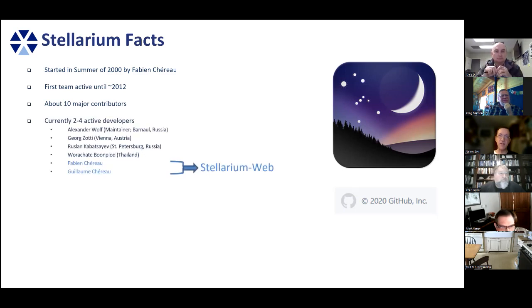For the last 10 years, we were two people, Alexander Wolf and myself, working on the program, maintaining it, adding to it, improving it. Finally, last year, we gathered two more developers. Now we are a team of four. Of this team, I would say three are very active at the moment.